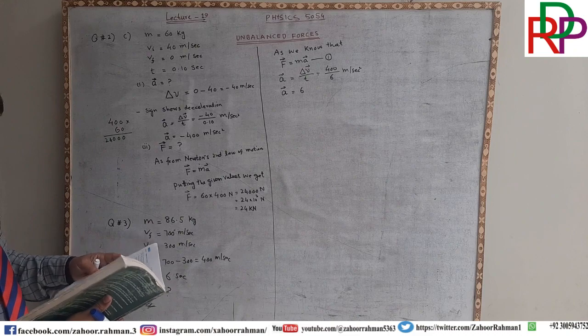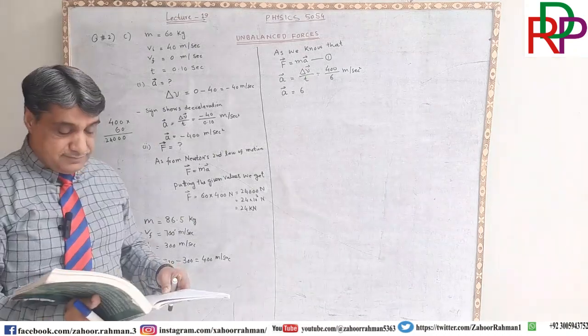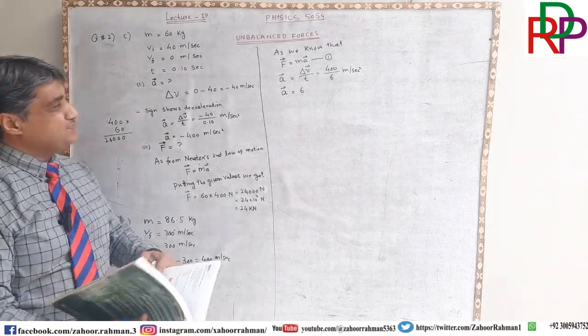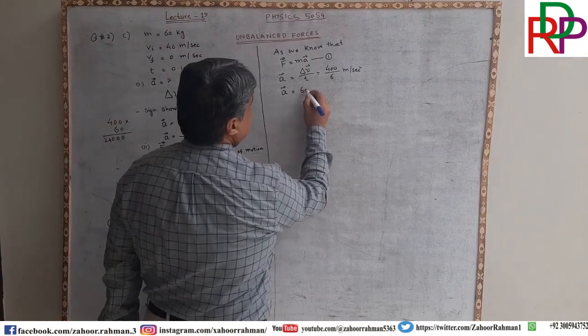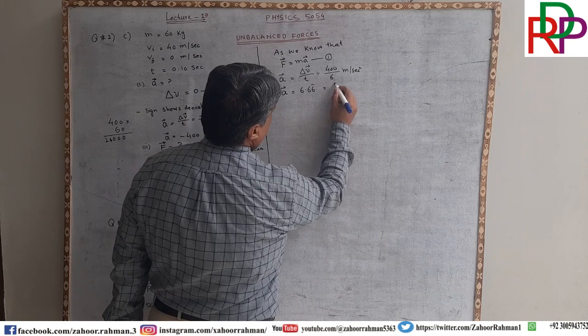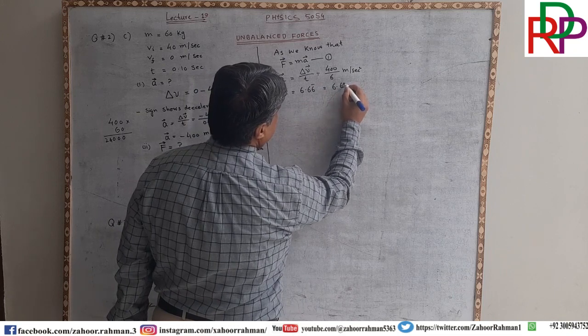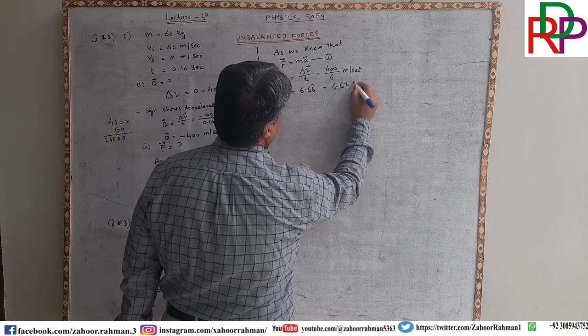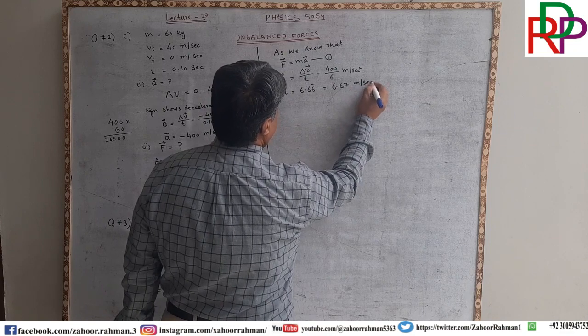We are given 6 seconds. The acceleration is 6.67 meter per second square.